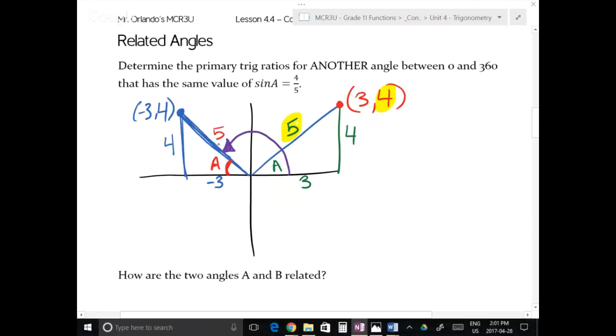If we started here and went all the way around till it's flat. How much is that? 180. Good. So this would be 180 degrees.